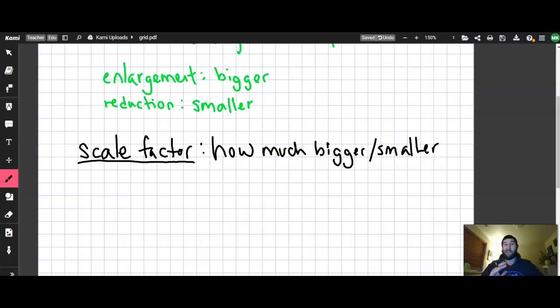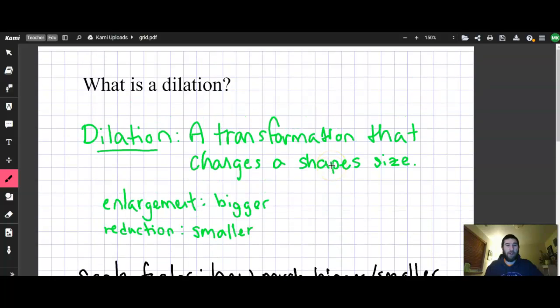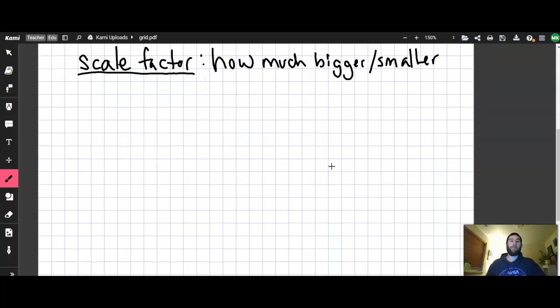Now, the actual difference between our image and our pre-image, because we're still using those vocabulary words as well, right? Actually, is there a spot to include that or further up? Now I'll go ahead and write it down here. Image and pre-image, just as a reminder, is the shape after and before. The pre-image is the original shape, and the image in this particular lesson is our dilated shape, the shape after the change in size. And so the comparison between the image and the pre-image is our ratio.